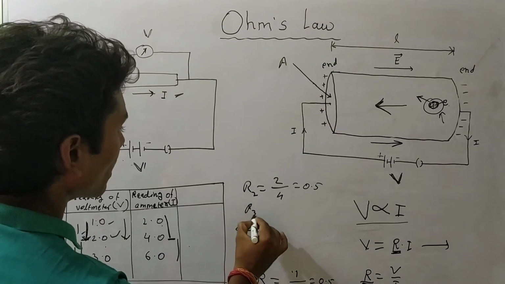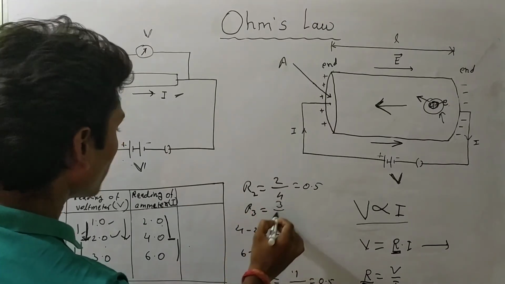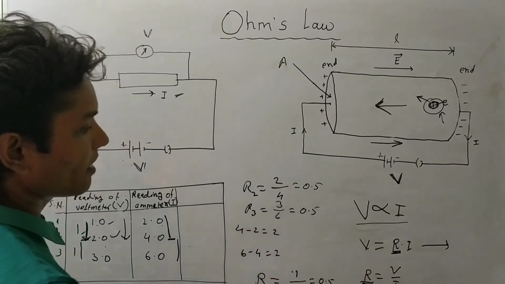Third reading R3, voltage 3 and current 6, means 0.5.